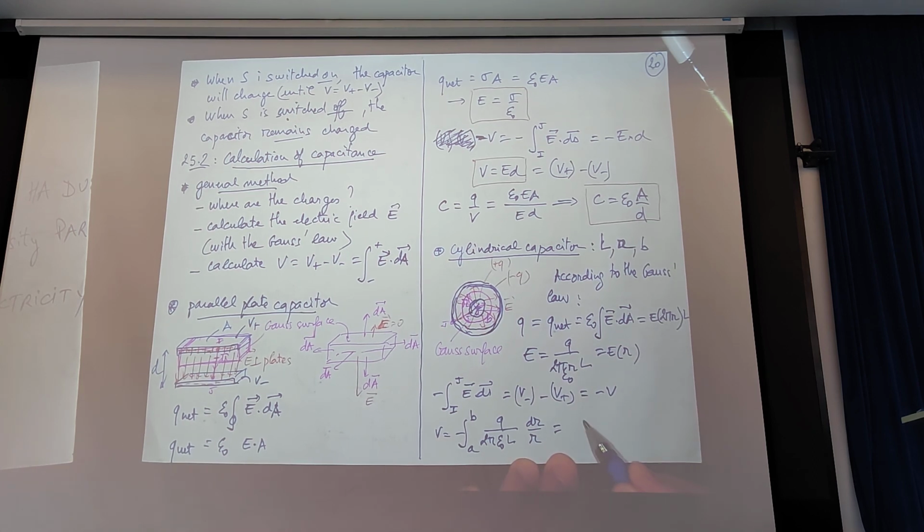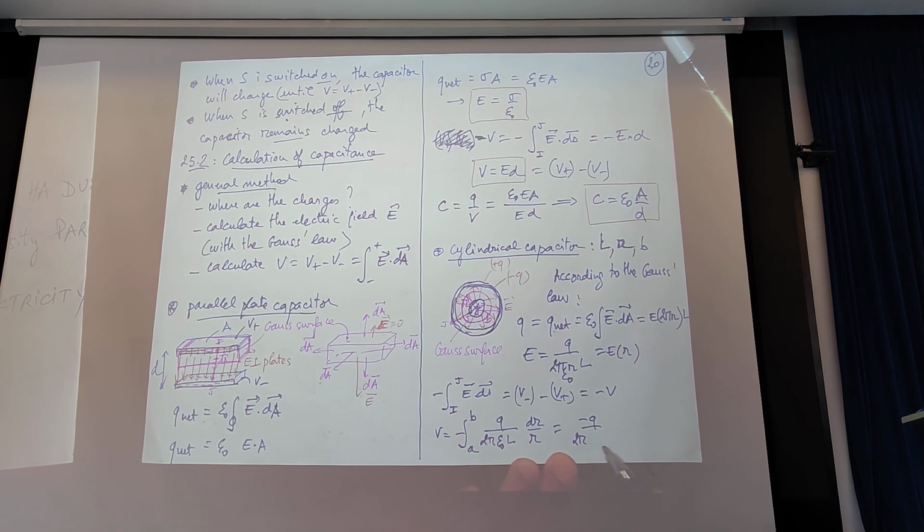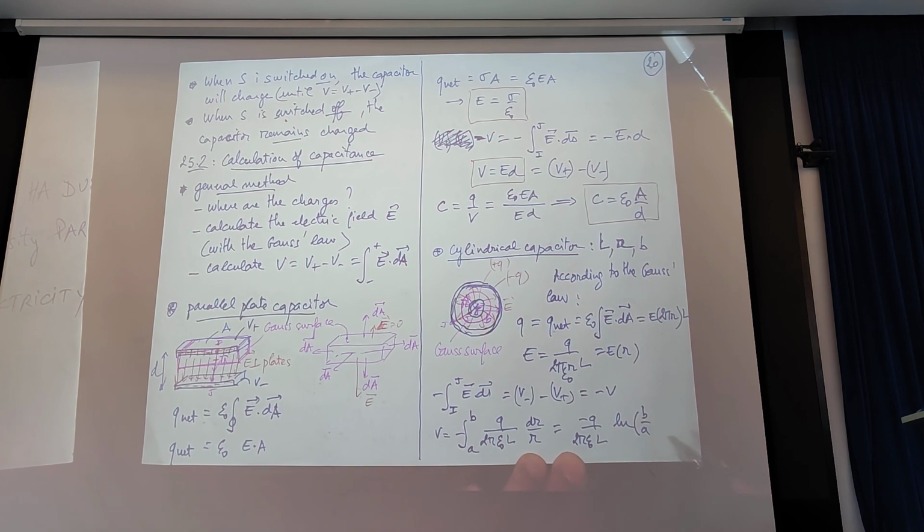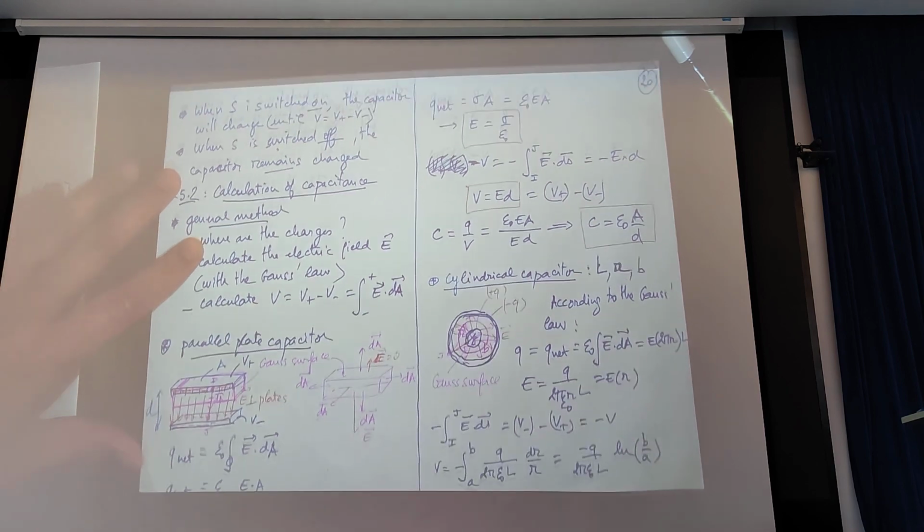So this is minus Q over 2π epsilon 0 L ln of B over A. Okay.